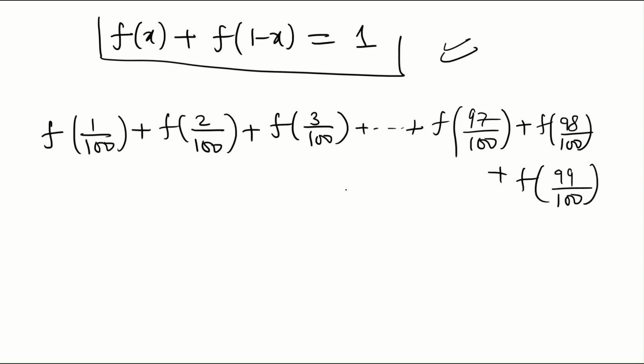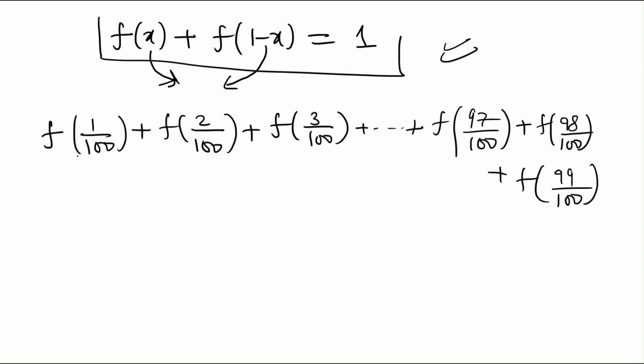And one thing that we can notice from this result is that whenever we add two functional values where the sum of the arguments is coming out to be 1, here x plus 1 minus x is coming out to be 1, then we are always getting 1.